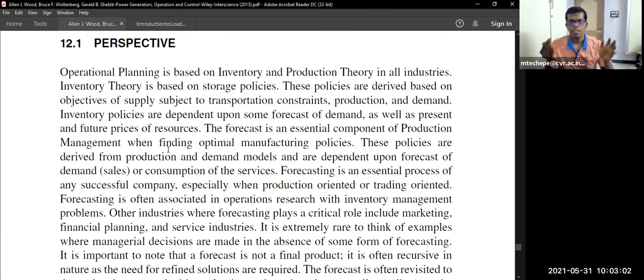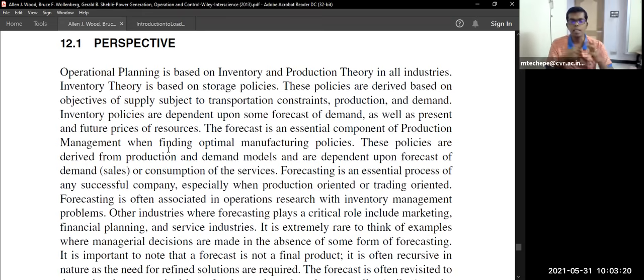Whatever speed you want, 5, 6, 7, 8, 9, 10, you can set it. Like that, you have to apply operation research and inventory management, so that your products also get engaged.